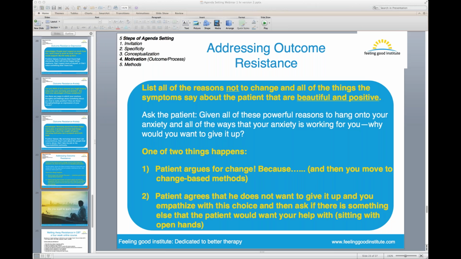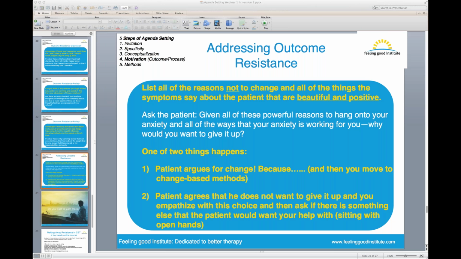So I would always encourage you to look at what are all the advantages of hanging on to your symptoms. Write those all down, and then I'd still do it in a paradoxical way. I'd say, given all these advantages, there are so many of them, are there any reasons that you'd actually want to change, any disadvantages, if you will, to your symptoms? And then your patient will list all the disadvantages, right?